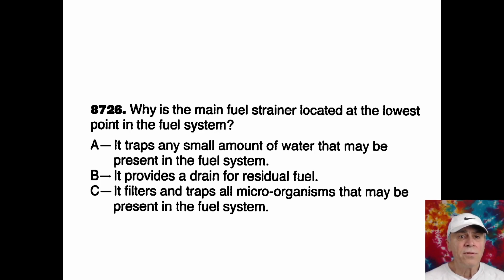Or C, it filters and traps all microorganisms that may be present in the fuel system. Well, if it didn't say, it's a toss-up between A and C. So is it mostly for the water, or is it also for trapping any of the microorganisms, or is it for both?